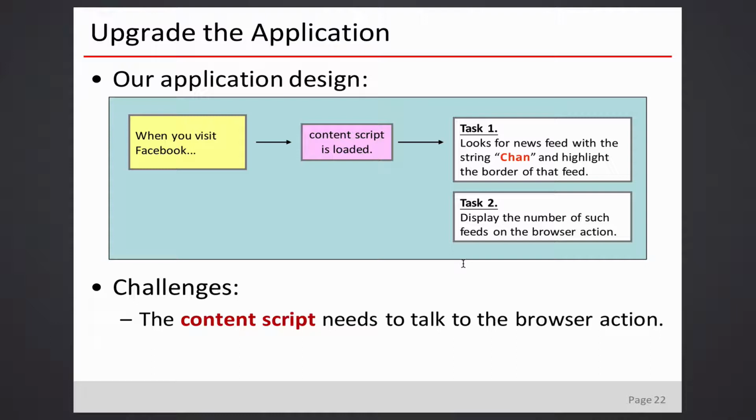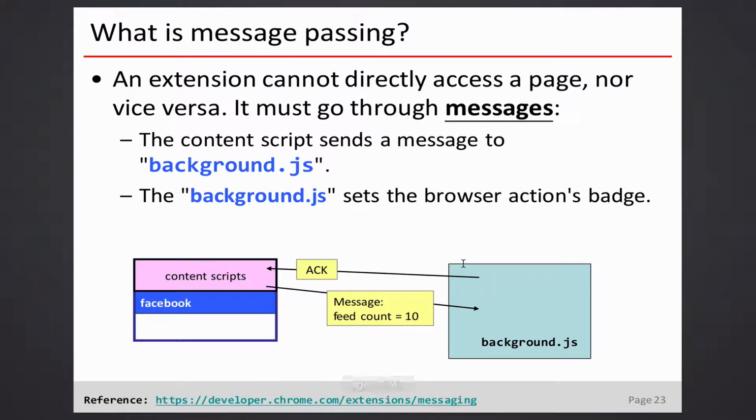I want to get some idea and learn something from the page using the content script, as if I do the editing over the developer console. After I get some idea, let's say how many chains speed there are, I want to send that number to the browser action. I want to tell the browser action what the number is. This is the design of the Chrome extension.